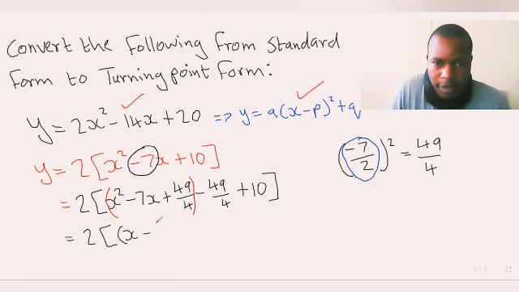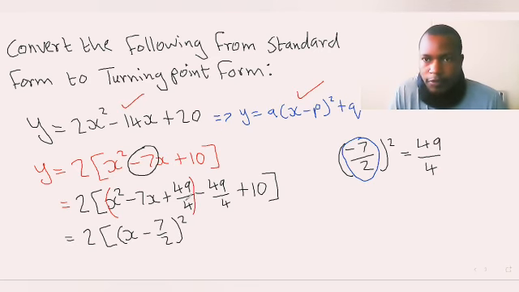That would be negative 7 divided by 2, then square. So you've effectively created a perfect square. You can then sort out these numbers over here, which simplify to negative 9 divided by 4, and you can then close the bracket.